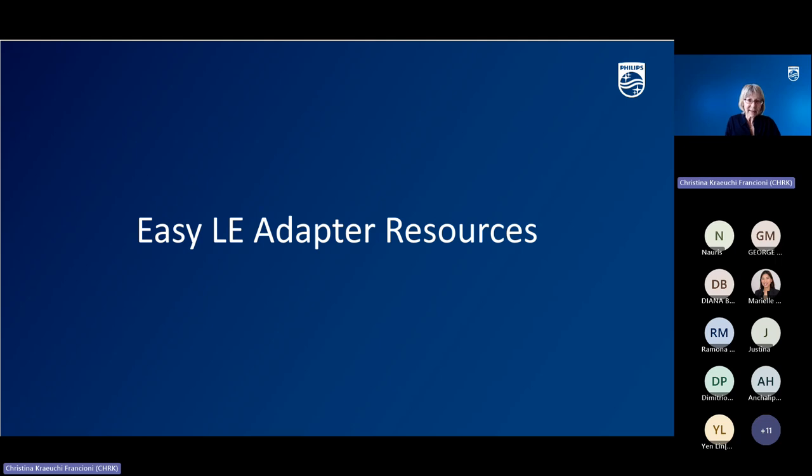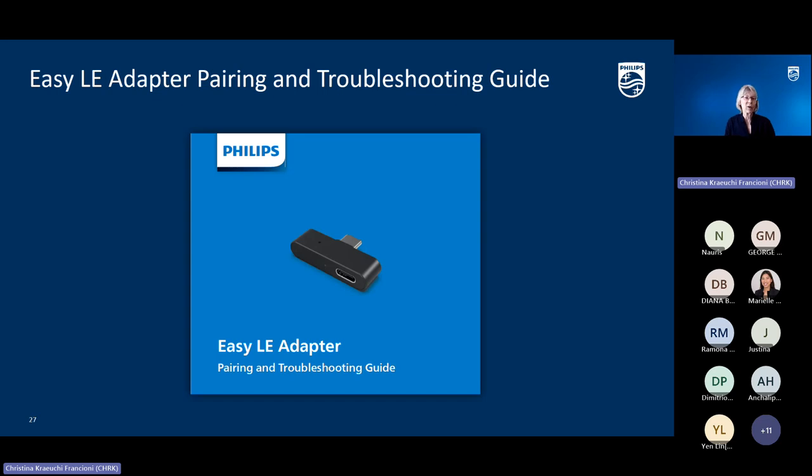For the time being, there are not a lot of resources available. However, it's a very, very nice guide, which we also share with you together with the presentation and the recording today. It's the EasyLi adapter pairing and troubleshooting guide.